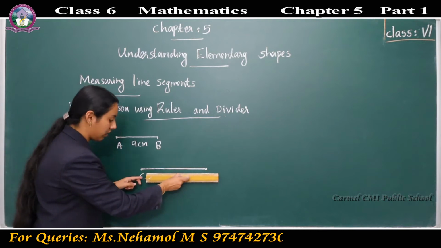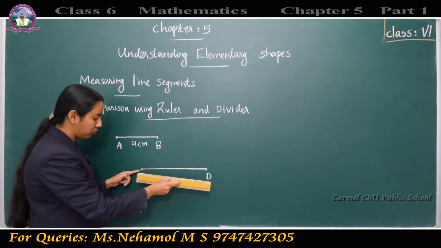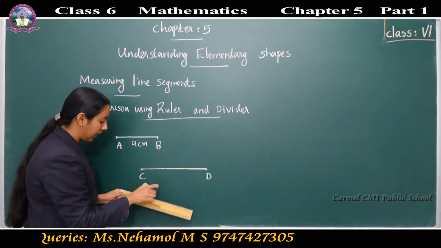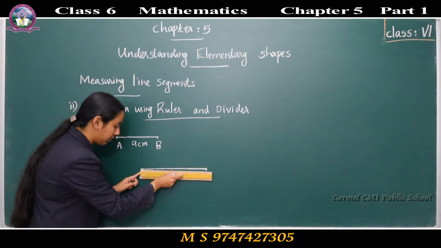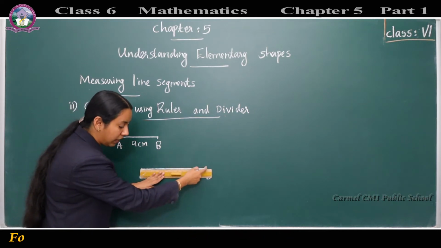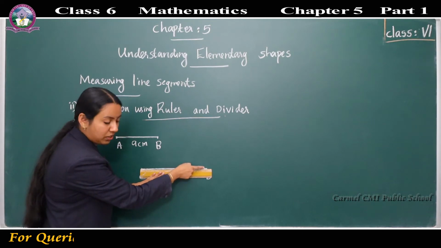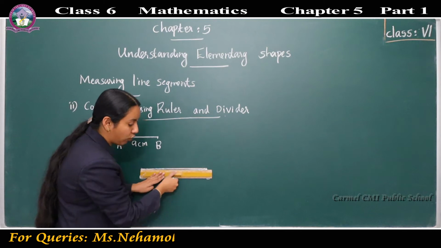Then measure the other line segment. Place the 0 mark of the scale at the point C. Then we have to check where the other endpoint coincides with the scale. Here it is 14.